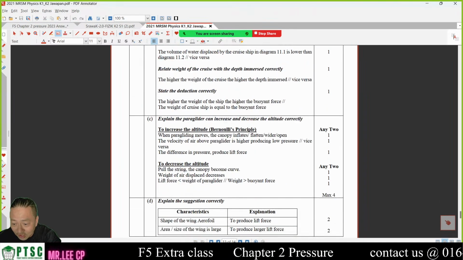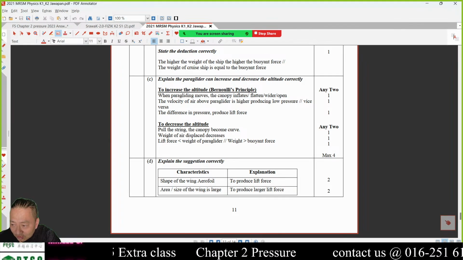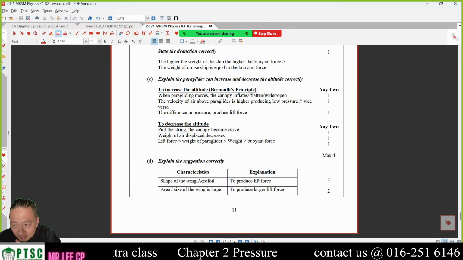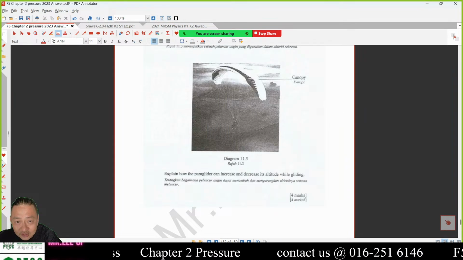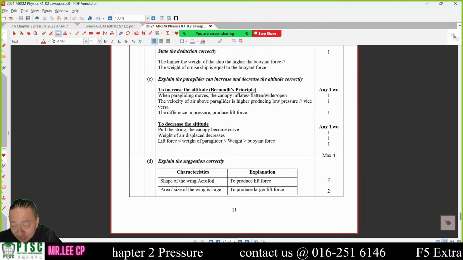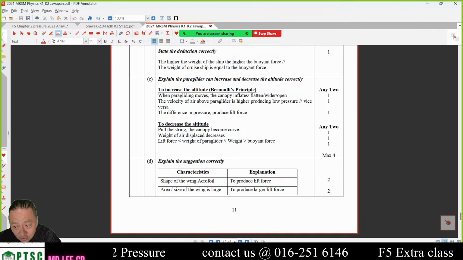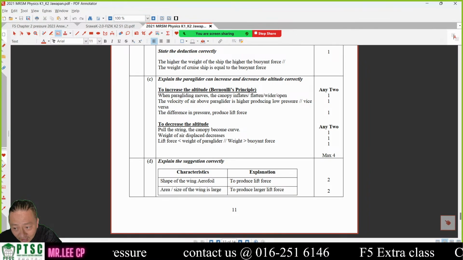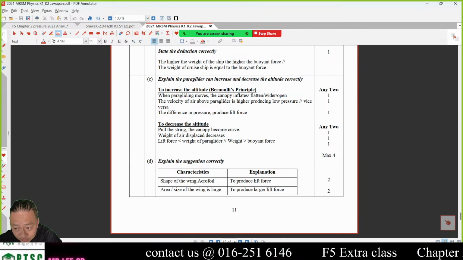If you know, when the paraglider moves, the canopy inflates, flattens, widens or opens. What is the canopy? This is the canopy. If you're not sure, don't write it. Just write that the velocity above is high, pressure low, so the difference in pressure produces a lift force.